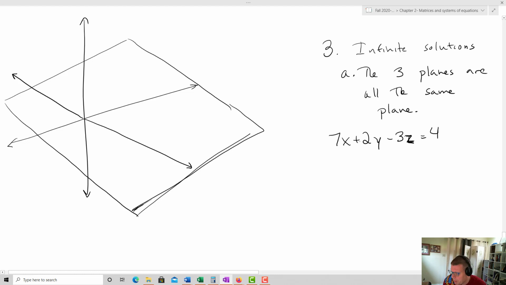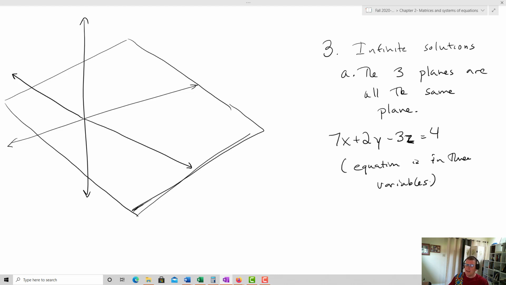That's the equation for a plane, okay? So the equation's in 3 variables. And that's the equation for a plane, and that's another kind of infinite number of solutions. There's an infinite number of points on that plane that actually will solve the system of equations.